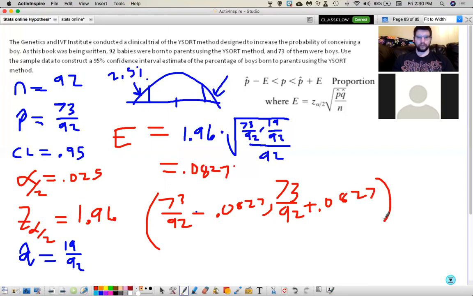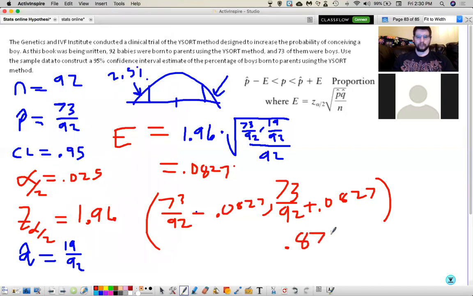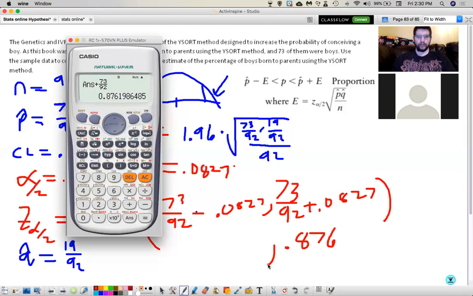That's my answer. Actually, I can do the upper part first. P hat plus E, so I get 0.876. And for these, we're going to go 3 sig figs, which pretty much just means go 3 decimal places. So 0.876 for the upper.